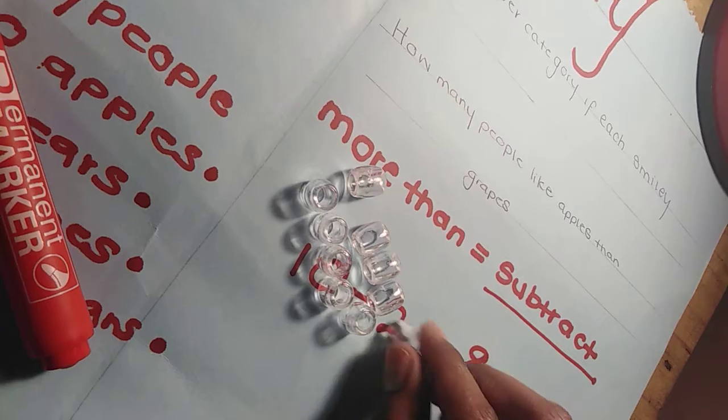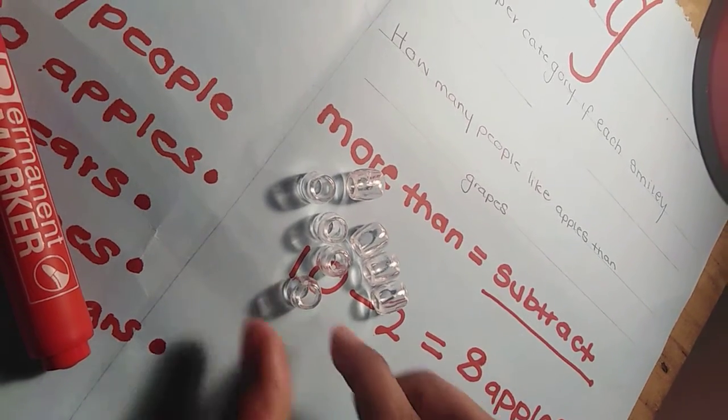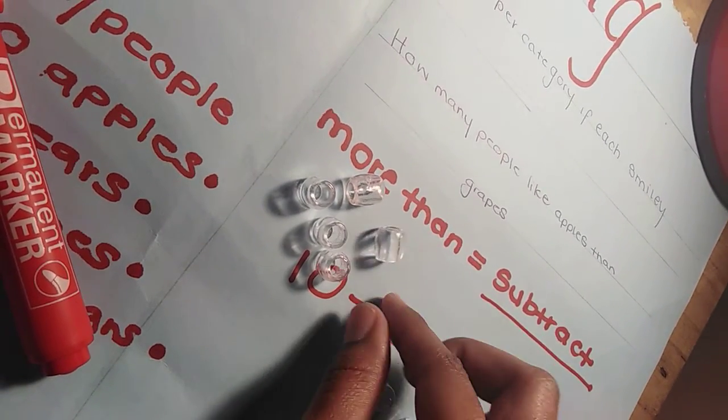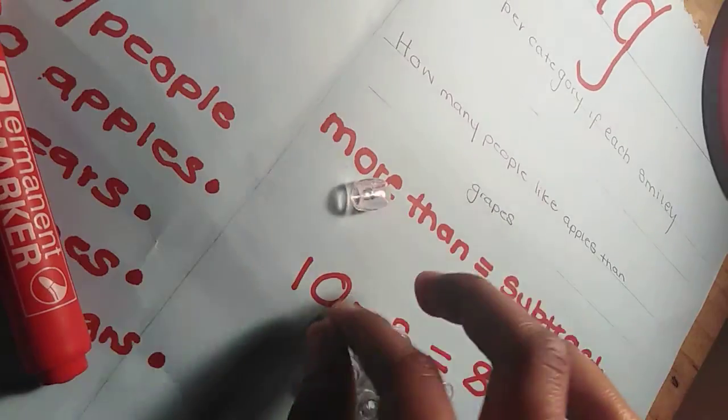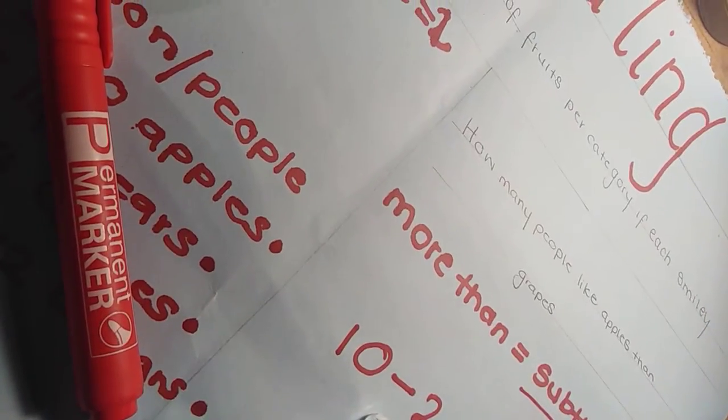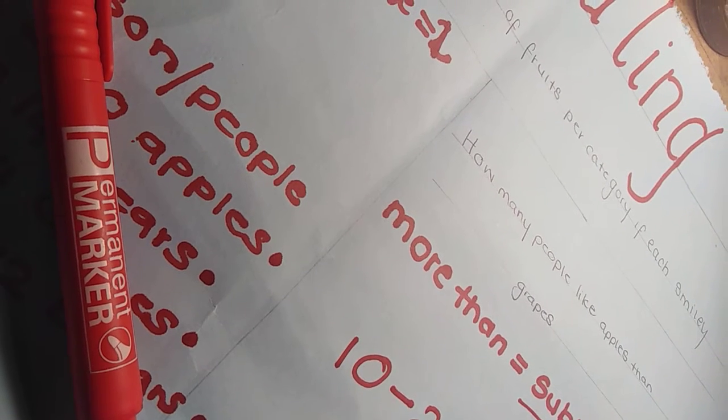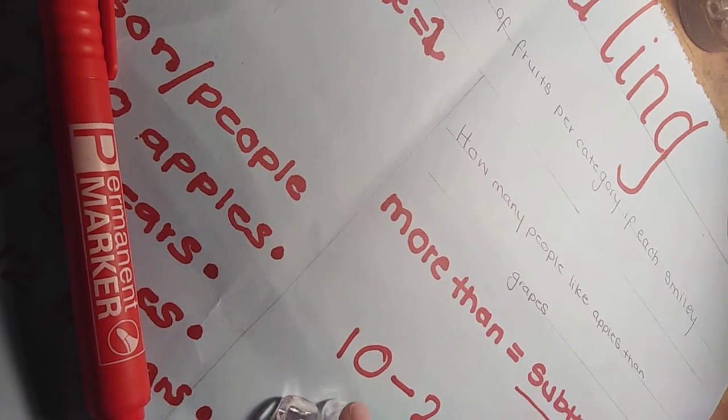You'd have just said 1, 2, 3, 4, 5, 6, 7, 8, 9, 10. This is the total number of apples minus what? The number of grapes, which is 2. So you're going to do what? You take away the 2, which gives us what? 1, 2, 3, 4, 5, 6, 7, 8.